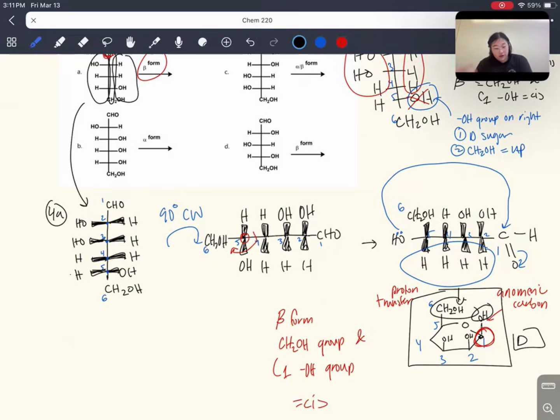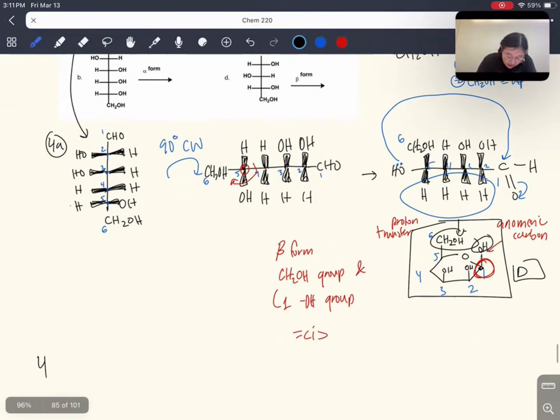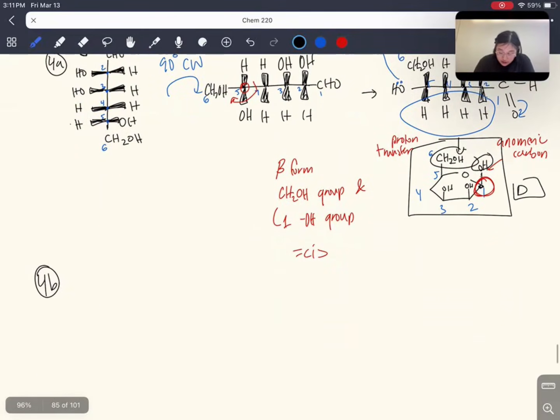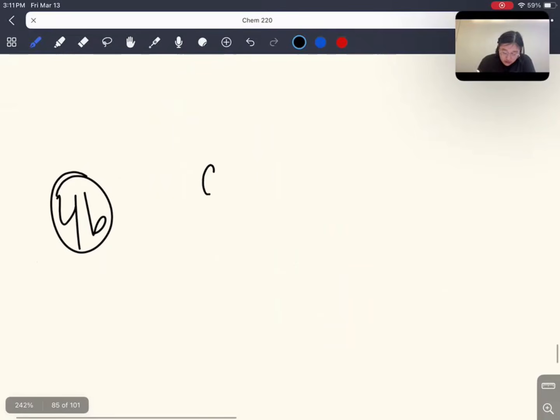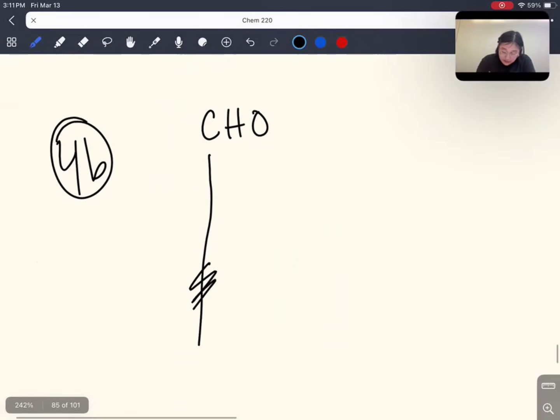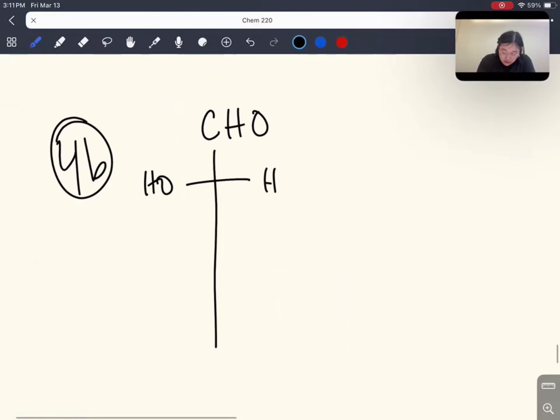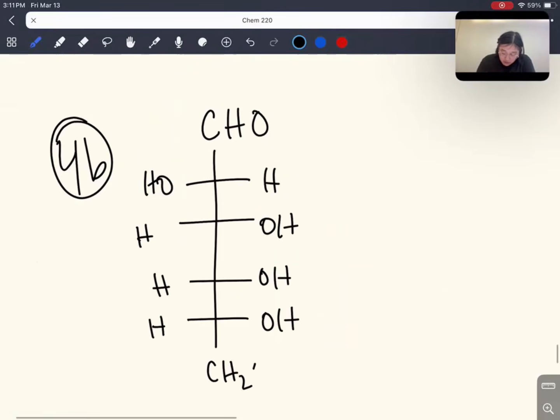Okay, so now I'm going to draw out B. I'm going to redraw the linear form, the Fischer projection. Okay, and it asks us to draw the alpha form.